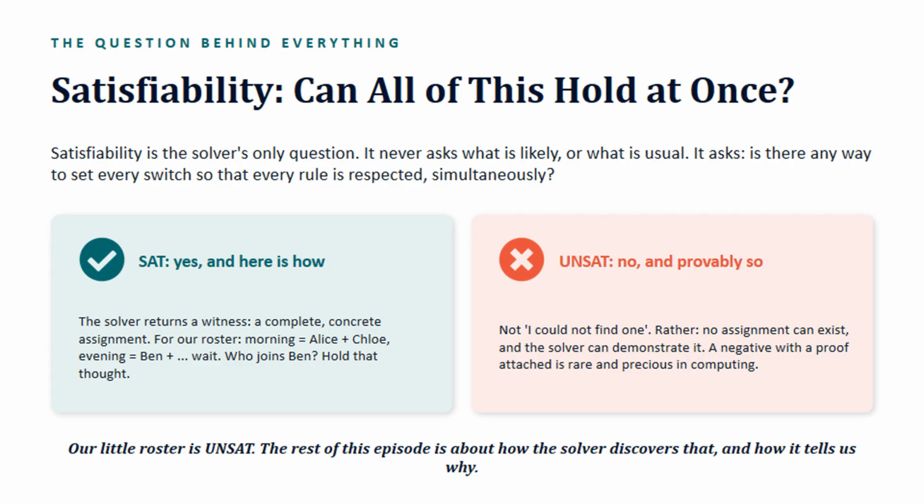Now Alice and Chloe must cover the evening, but Chloe cannot work evenings. Stuck again. And if the answer is no, it is not the solver shrugging. Unsat means no assignment can exist, provably. Our little roster, as you have just felt in your own hands, is exactly that, unsat. The rest of the episode is about how a machine discovers this, and how it explains itself.